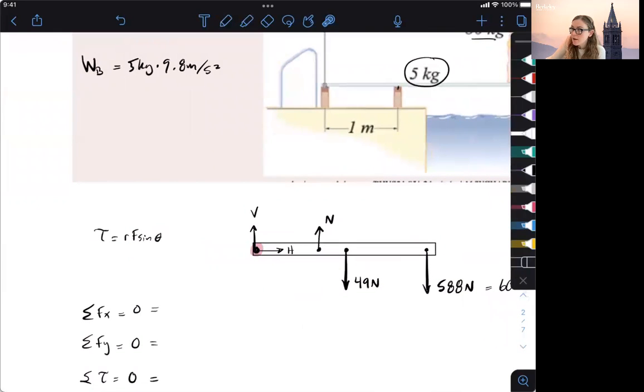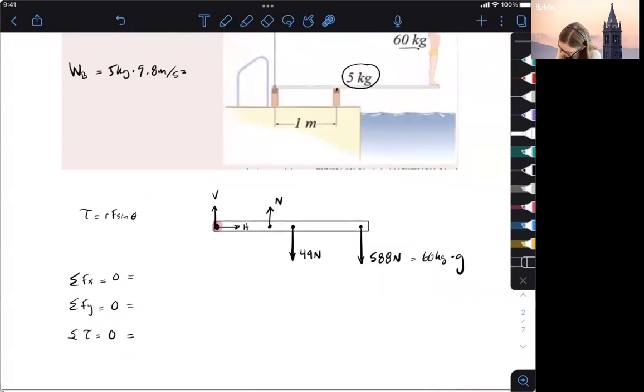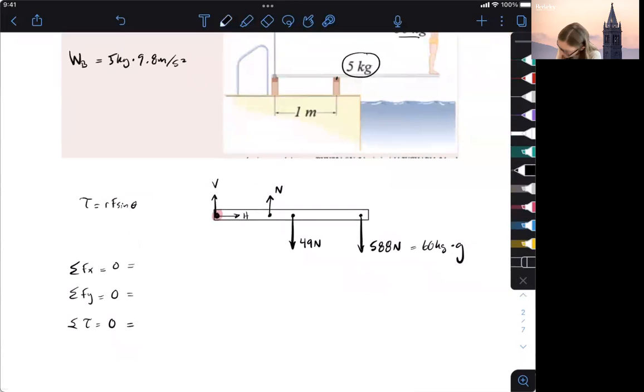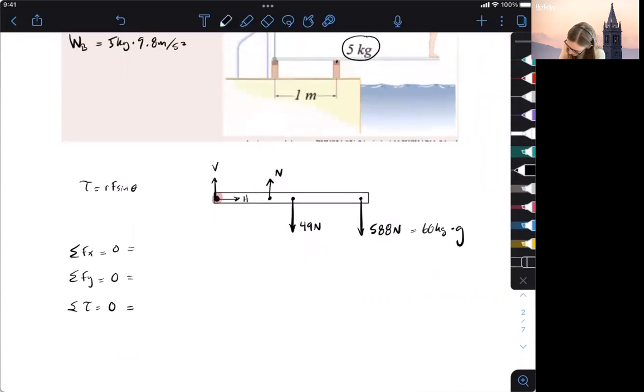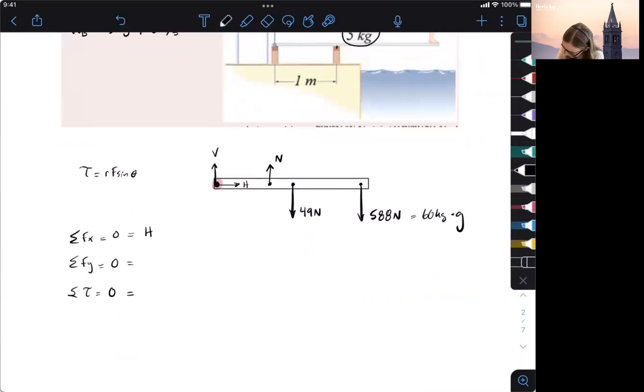Okay, so first we're going to do everything in the X direction because I think that's our easiest one. In the X direction, we only have that H force, okay? In the Y direction, we have V and N as positive, and then we have 49 and 588 newtons as negative.